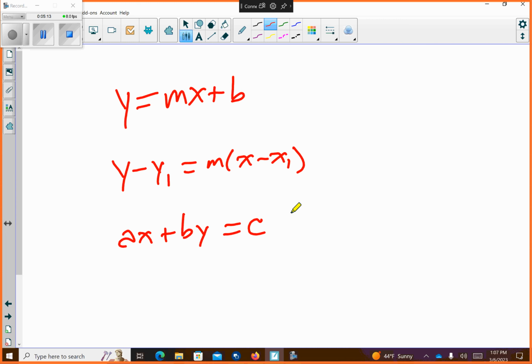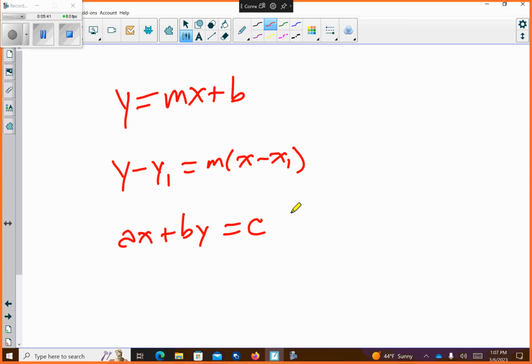You have point slope, where you take the opposite values of x1, y1 to find a point, then you use the slope to find a second point. And then ax plus by equals c. You might remember something called the cover method as a way of graphing that, and that finds you the x and y intercepts in order to graph it. Okay, they're all related. They can all be the exact same thing. Yes, you can convert between all of them, but it's not the most fun.